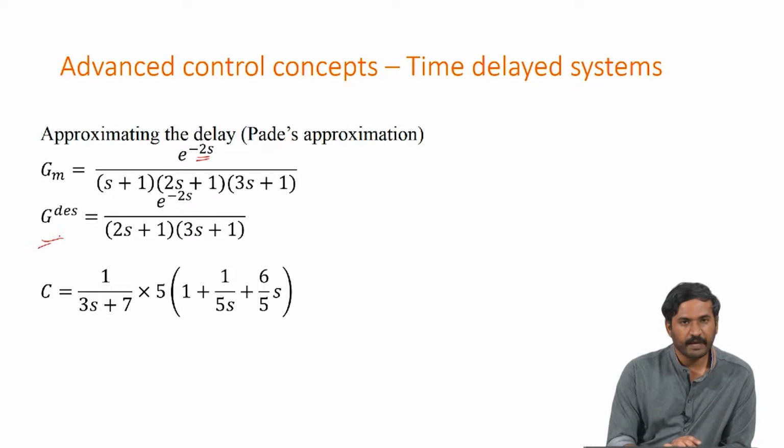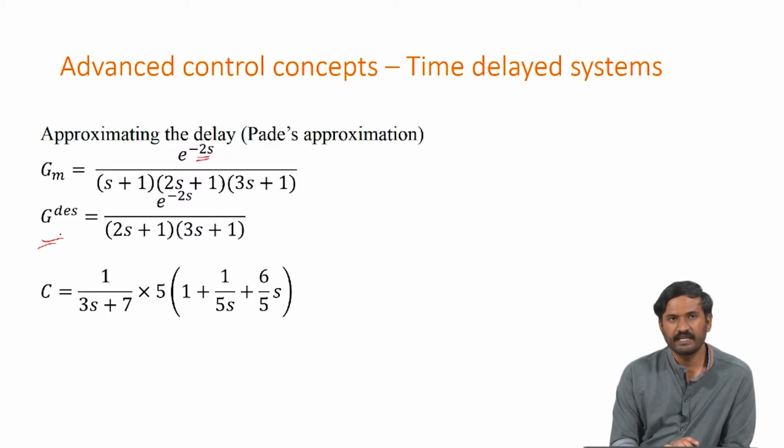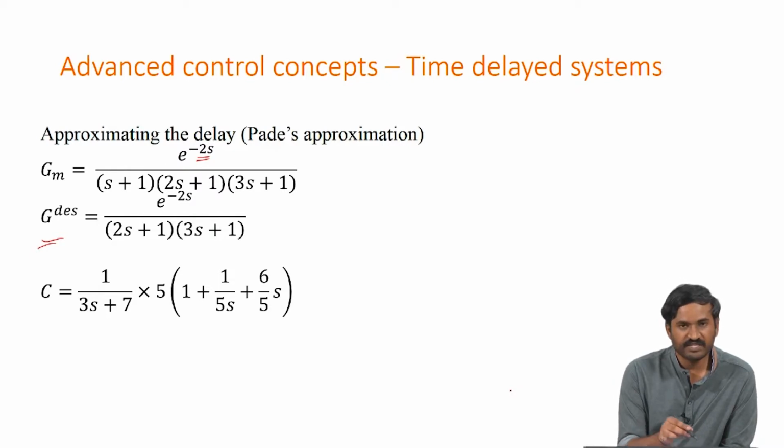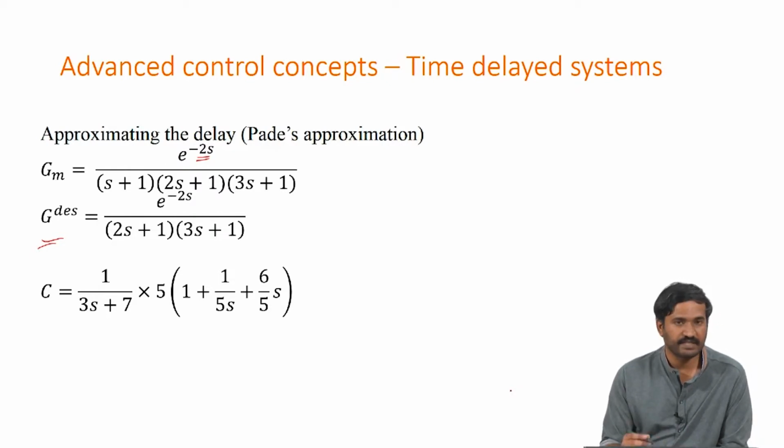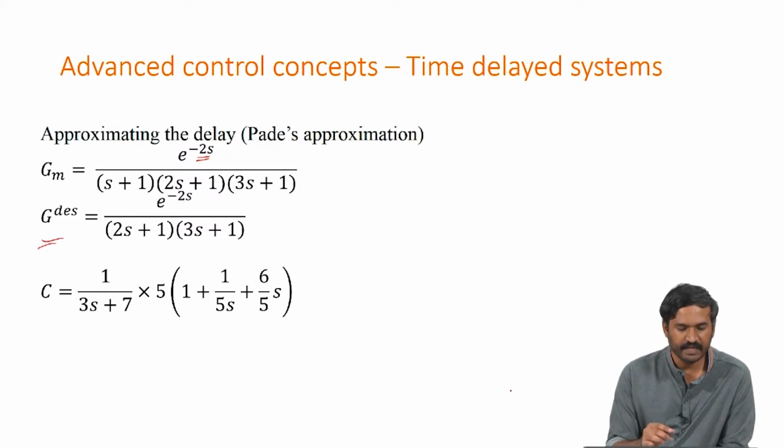We use the same technique which we have already used in the inverse response system, where if the system has any terms which contribute to instability in the closed loop system, we will take the desired closed loop function such that the term which results in this instability gets cancelled.